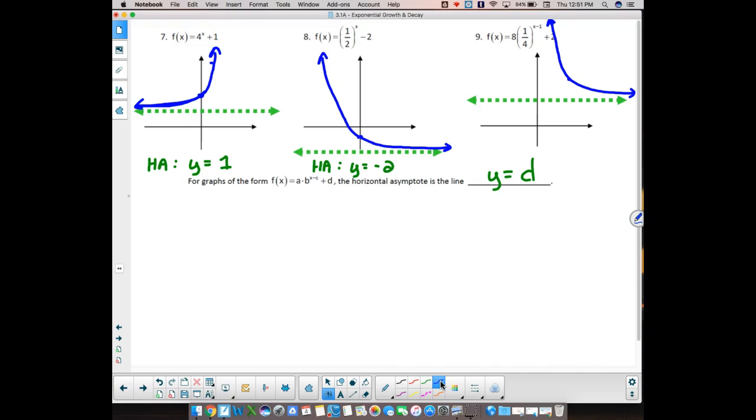Oops, I forgot to write down what I had. On the first two, we found the y-intercepts. What is the y-intercept on the third one, on that last one?